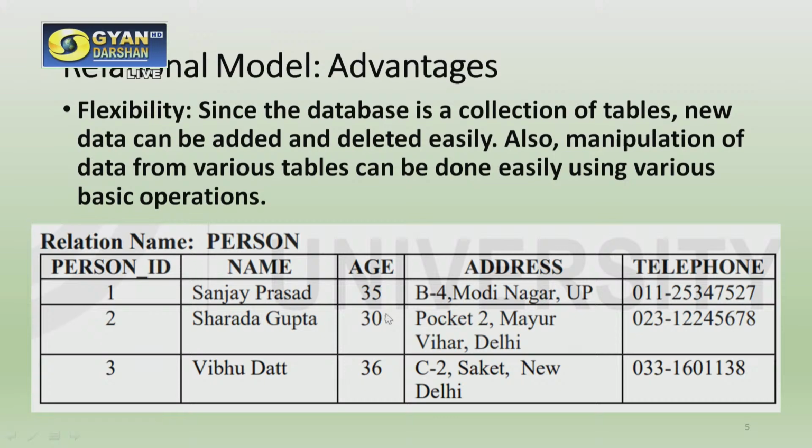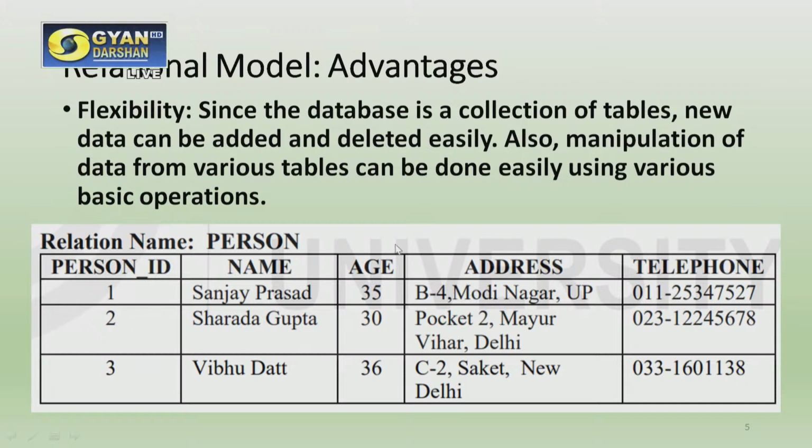You can always change this age to, suppose, 32. So these are the basic operations which we have stated: insertion of a record, deletion of a record, and changing any value within the table.